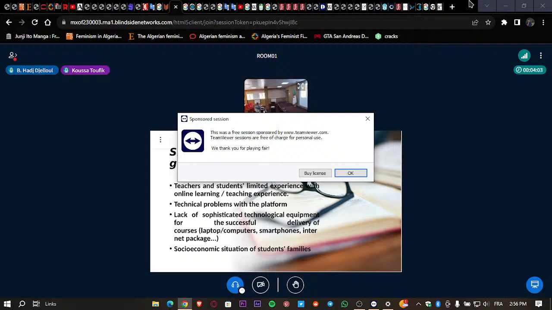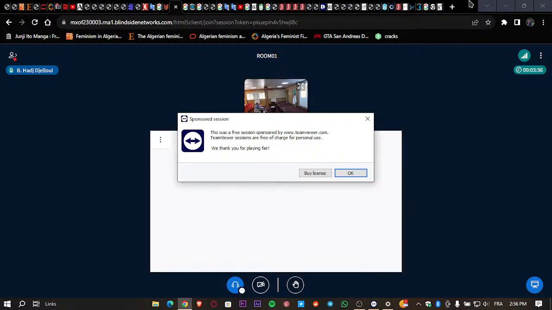Some families with low income lack sophisticated technological equipment, such as laptops, smartphones, or even tablets. Some families cannot afford this equipment for their children. As I said, the socioeconomic situation of the families.